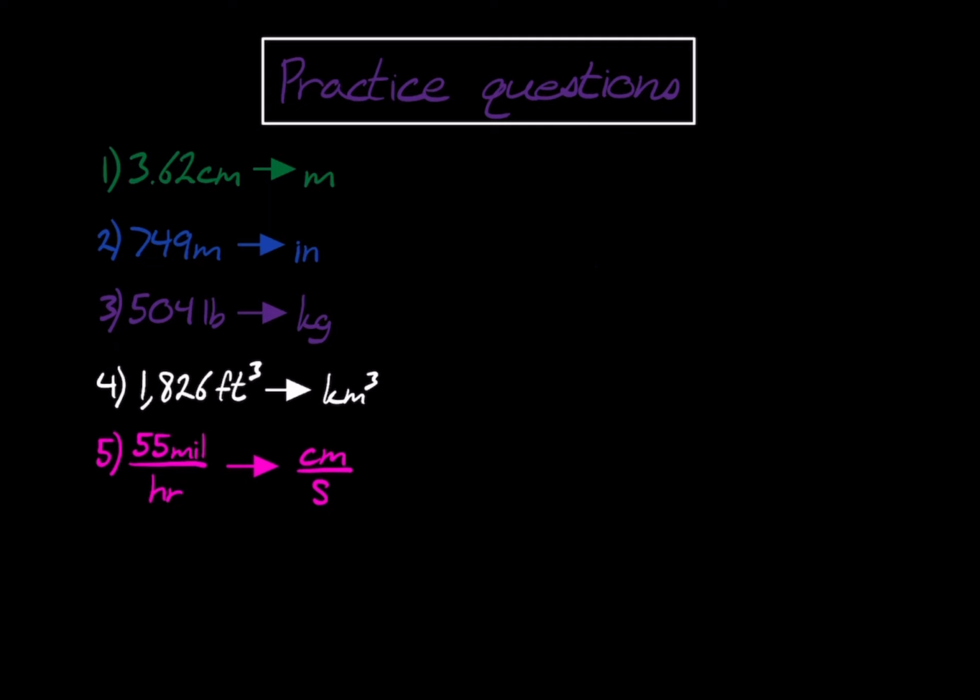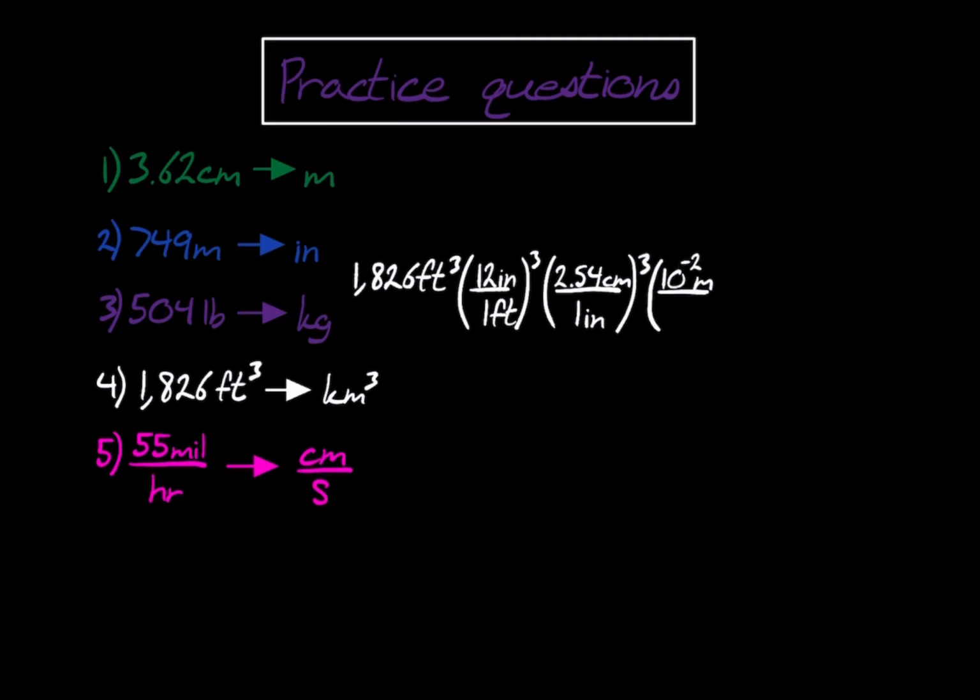For number 4, your equation should look like this: 1,826 cubic feet, open parentheses, 12 inches on top, 1 foot on bottom, close parentheses, cubed, open parentheses, 2.54 centimeters on top, 1 inch on bottom, close parentheses, cubed, open parentheses, 10 to the power of negative 2 meters on top, divided by 1 centimeter, close parentheses, cubed, open parentheses, 1 kilometer on top, divided by 10 to the power of 3 meters on bottom, close parentheses, cubed.